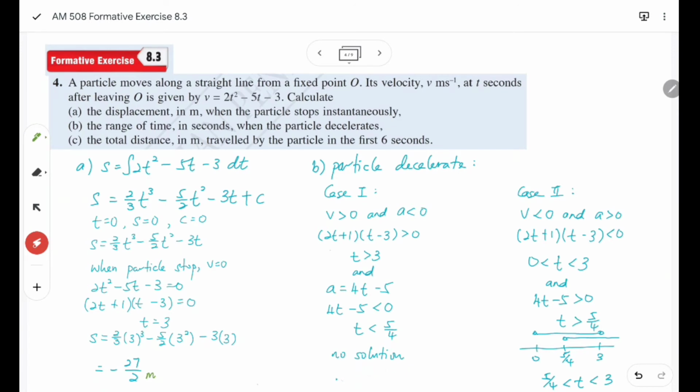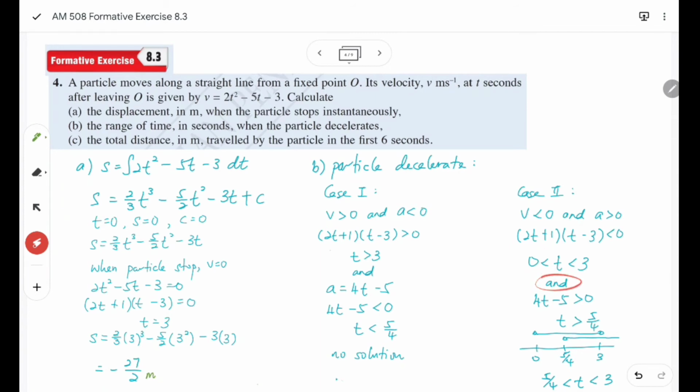Check case 2. When the particle moves toward the left and the acceleration pushes to the right, it is decelerating, it is slowing down. So when v less than 0, (2t plus 1)(t minus 3) less than 0, we know that t is from 0 to 3 because it cannot be negative 1 over 2, so we start from 0.